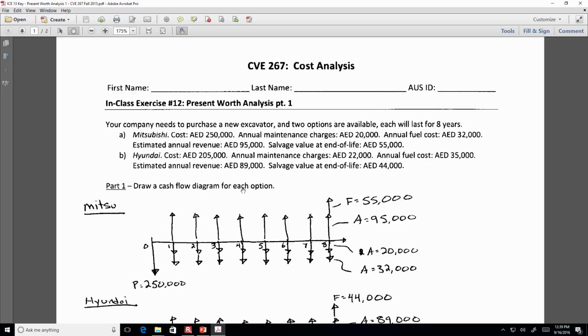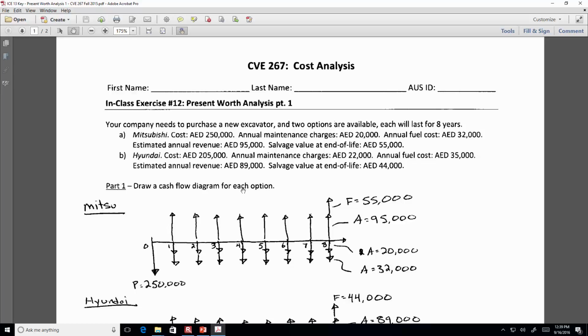Yeah. And then the difference in the revenues as well. There's something about the Mitsubishi that's allowing this excavating company to earn more revenue. Maybe it works more quickly. It excavates at a higher speed, or maybe because of the lower downtime, since it's in the shop less, they can make more revenue.